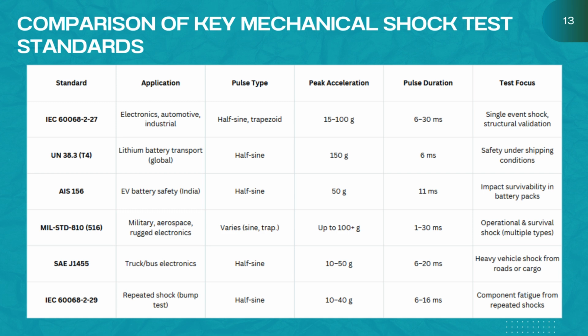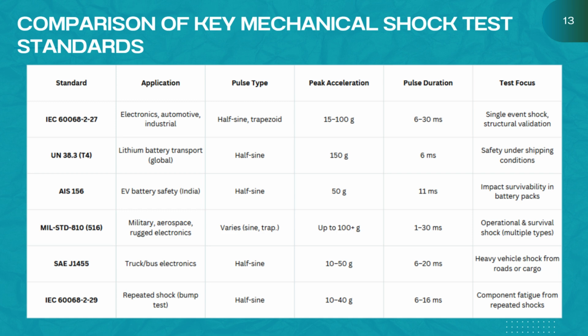It uses a 50-gram pulse with an 11-millisecond duration, mainly focusing on impact survivability. MIL STD 810 is used for military and aerospace electronics. It allows various pulse types and durations with shock levels reaching 100 grams or more. It's designed to test both operational and survival conditions in harsh environments.